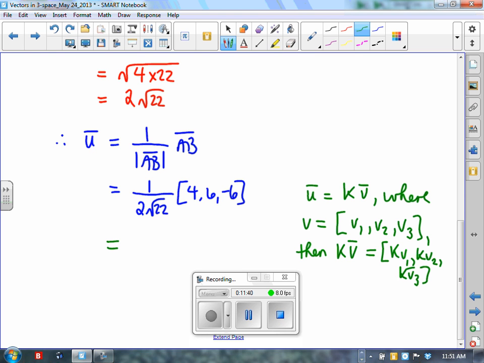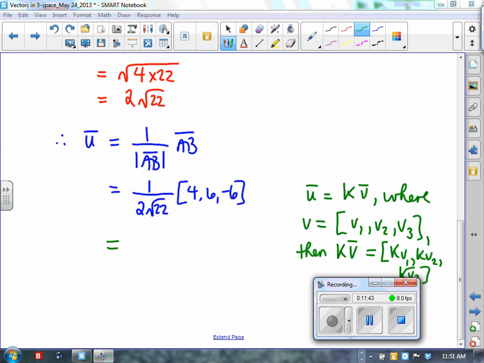So we're allowed to distribute that scalar into each of the components of our vector.